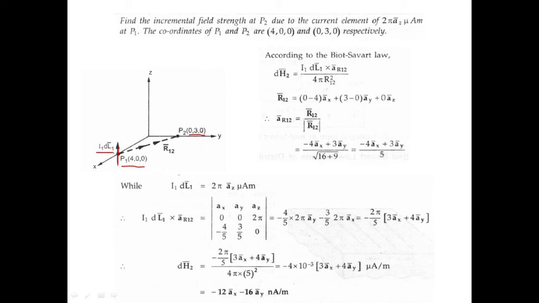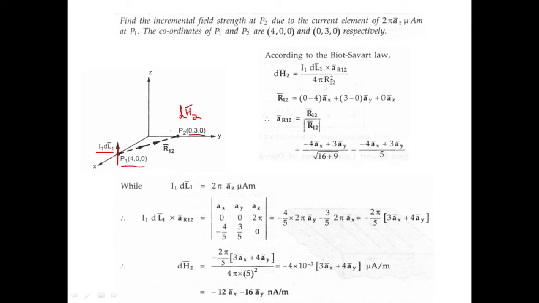The suffix represents that it is the first point, right? And at point P2 we have to calculate dH. I'll write this as dH2. That means I have to find the incremental field strength at point 2. That is why I'll name it dH2.